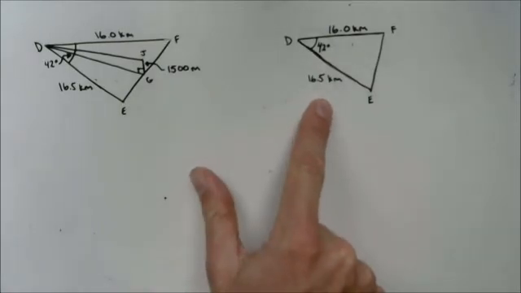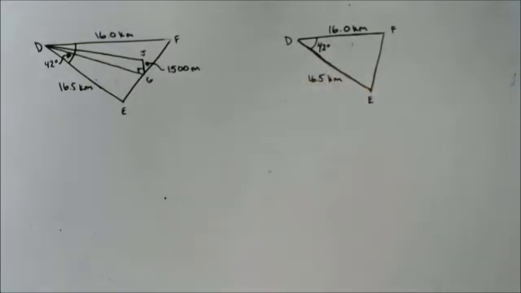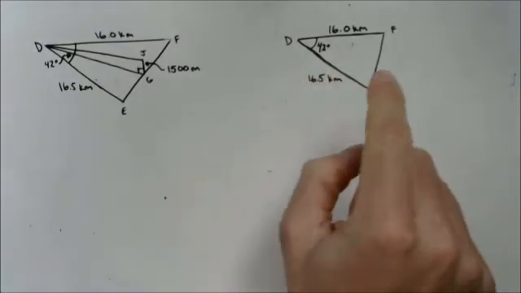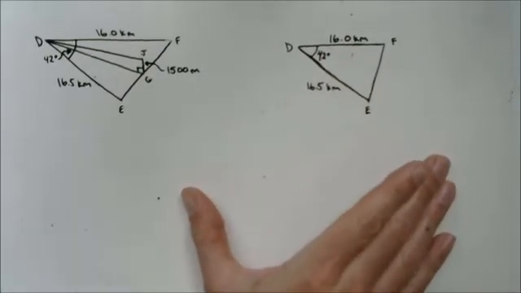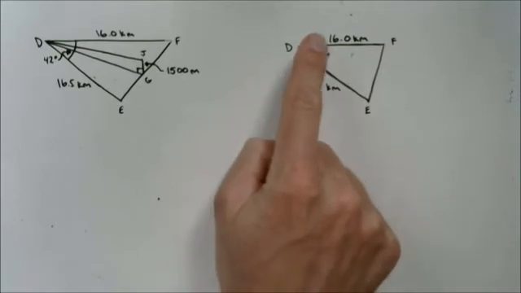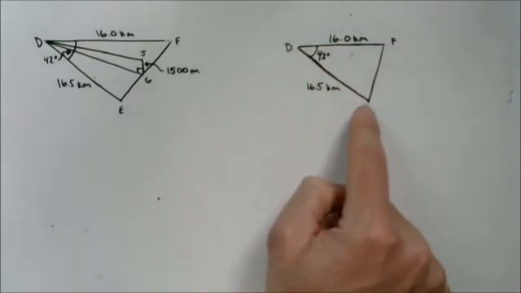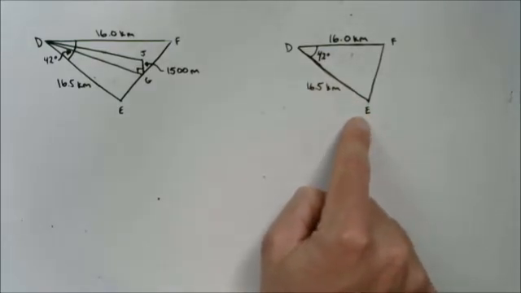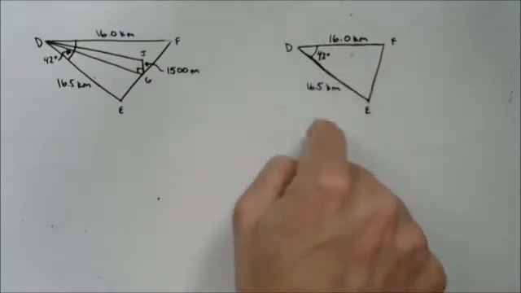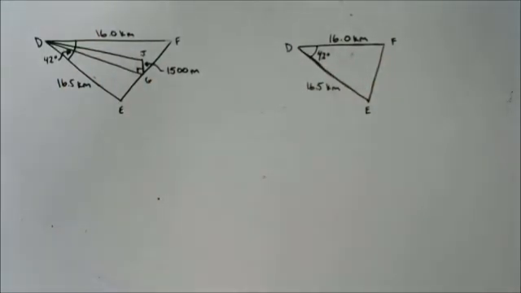So this is Fosterville, 16 kilometers east of Danburg. So due east, 16 kilometers. Then from Danburg, you have an angle of 42 degrees south of east in order to get to Emerytown, 16.5 kilometers. Okay? So we have two triangles here, and they work together in order to find what?